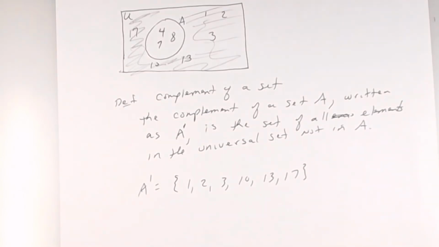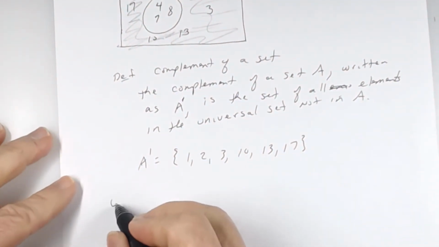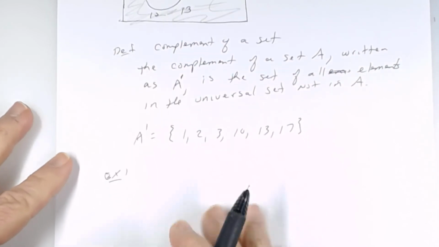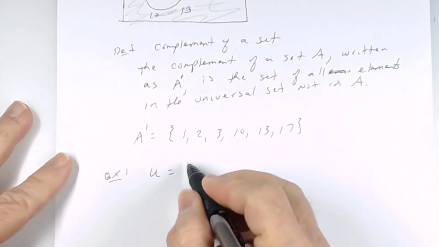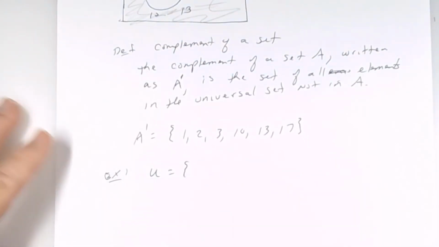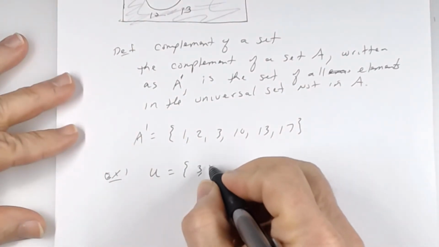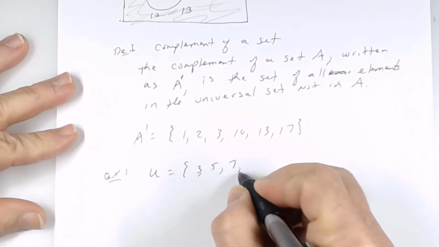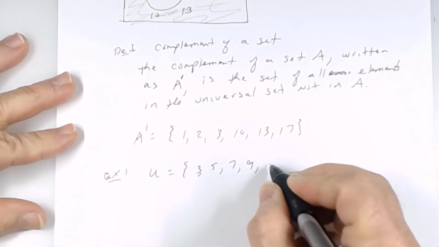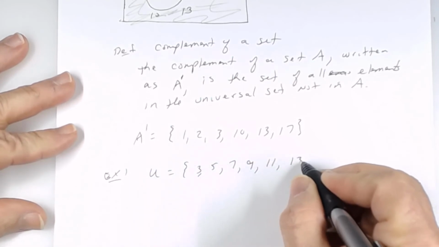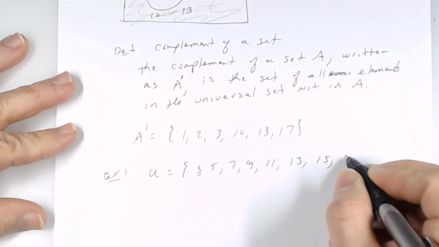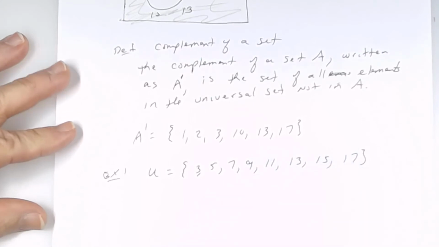Now let's look at the example. Let's write this example 1. Suppose that this is my universal set. I'm not drawing a Venn diagram; in fact, it's easier just to leave it in roster form. So let's suppose that your universal set is 3, 5, 7, 9, 11, 13, 15, 17.